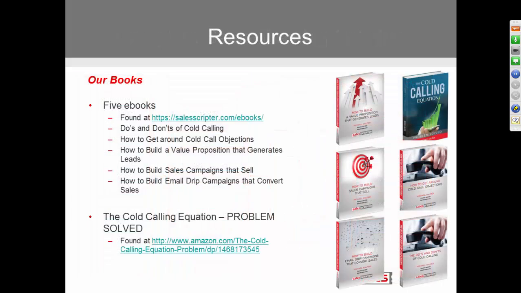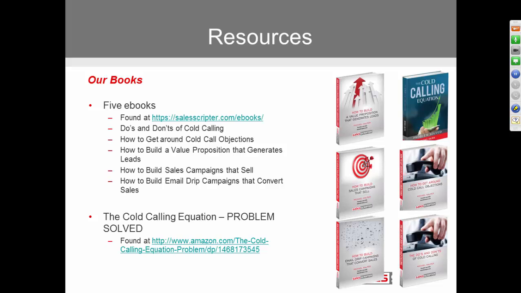But the methodology can be accessed through our 5 ebooks on our website. If you haven't checked them out, you might want to. There's one on cold calling. There's one on objections, which aligns with this presentation here today, one on creating your value proposition, and one on email drip campaigns.